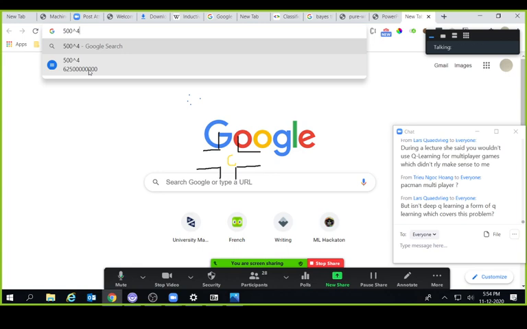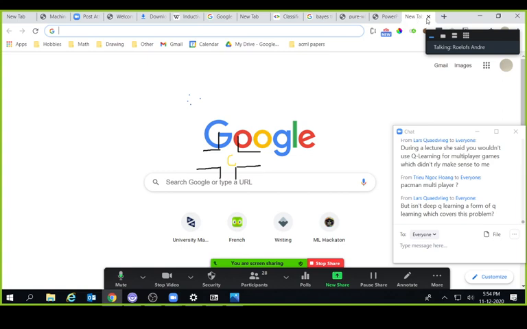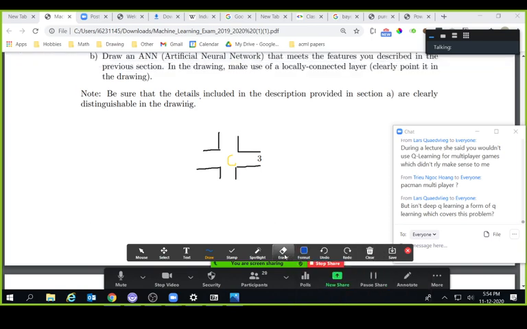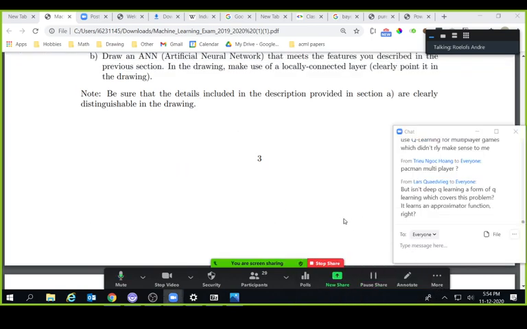Isn't deep Q-learning a form of Q-learning which covers this problem? Yes. But do you know what deep Q-learning actually learns? There are different possibilities of Q-learning, but deep Q-learning does not cover the other problem with Q-learning that I wanted to mention.